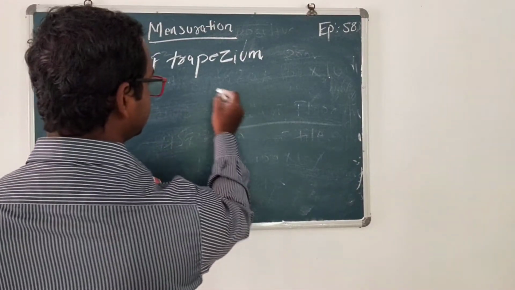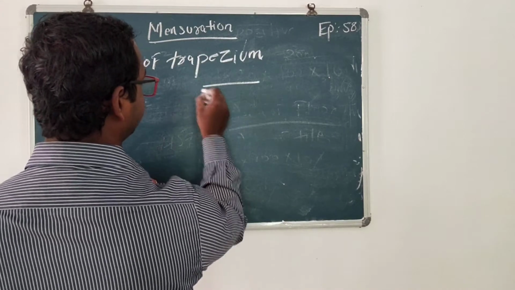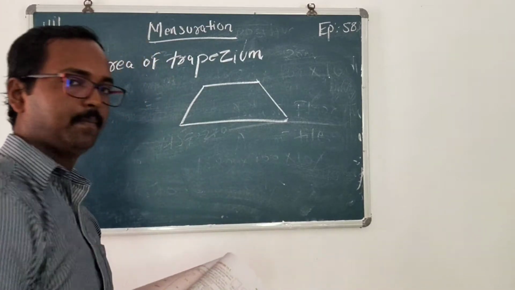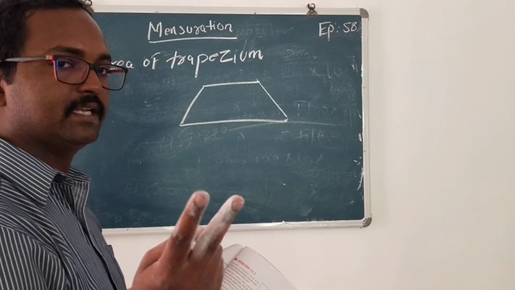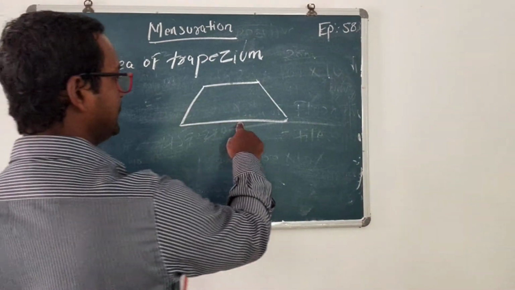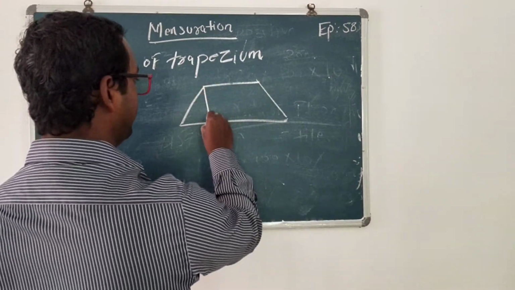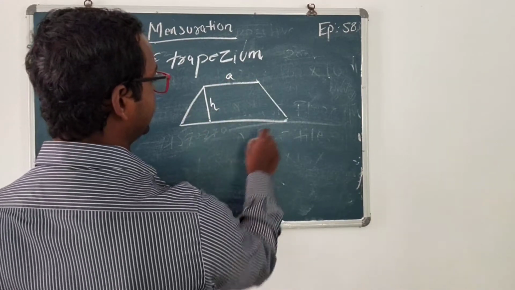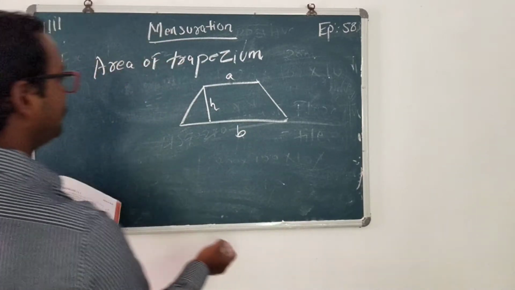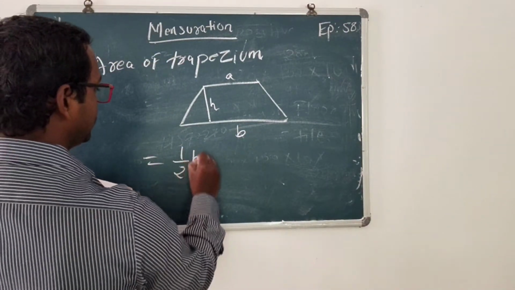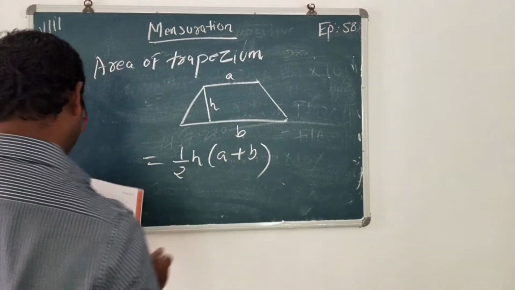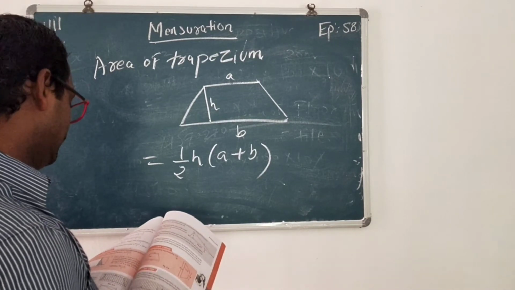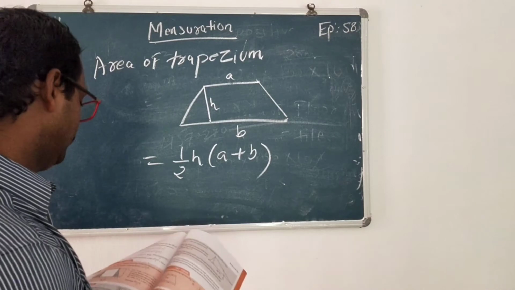First let us see what a trapezium is. In the trapezium we have two parallel sides and two non-parallel sides. See, these two are parallel sides and these two are non-parallel sides. In the trapezium we have a height, a side which we can refer to as A, and another side which we can refer to as B. To find the area of a trapezium, the formula is 1 by 2 h (A plus B).